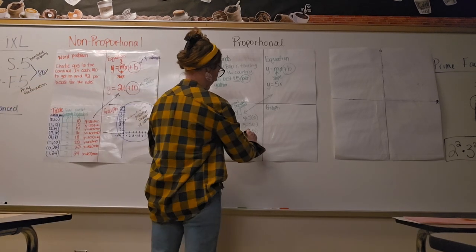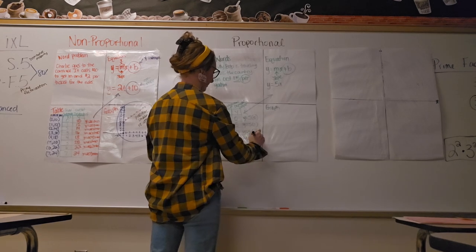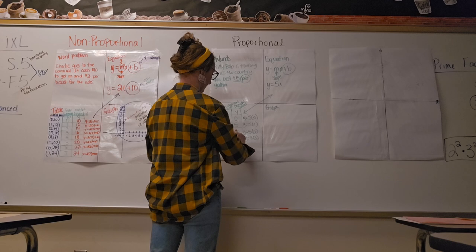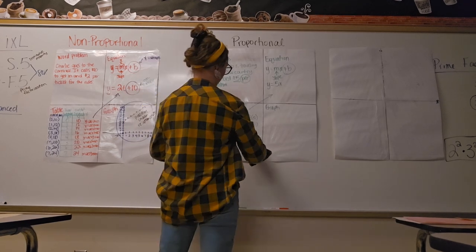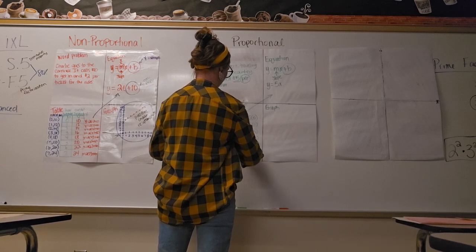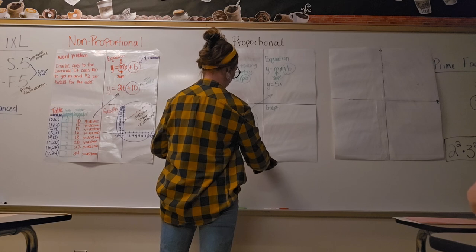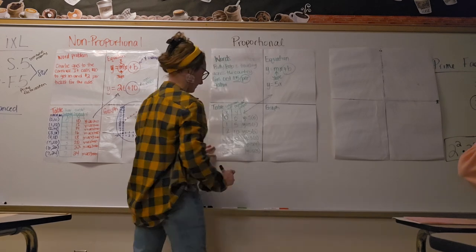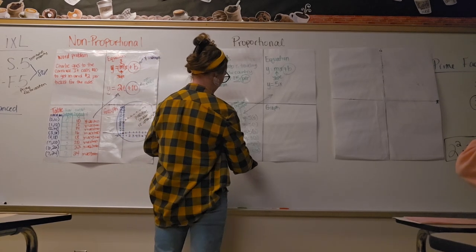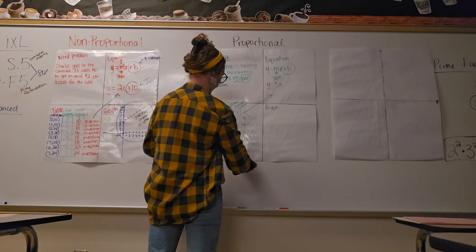So we're going to do Y equals 5 times 3 gallons. We'll spend $15. Then 5 times 4, we're going to spend $20. And if we get 5 gallons, how much are we going to spend? $25. And we can label that up here.